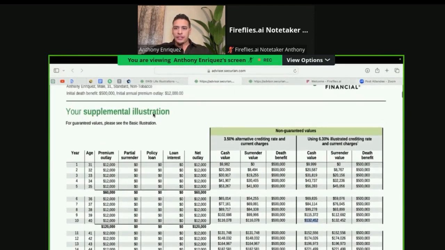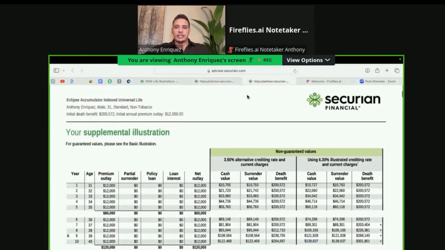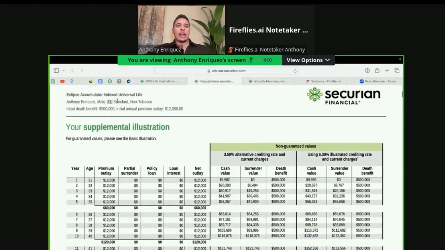So what we have here are two designs that I just use myself as a case of design. Currently, I am 31, and I put the health rating on both of these as standard non-tobacco, which when applying for insurance, typically I like to break it down in 3 different examples as far as what you can qualify for health-wise.